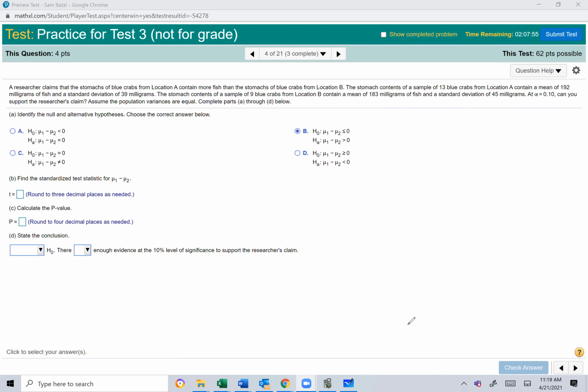So let me just underline this. And that means, guys, that pooled is yes, pooled is no. What did he say? Equal? Equal means pooled is yes, sorry. So pooled is yes.